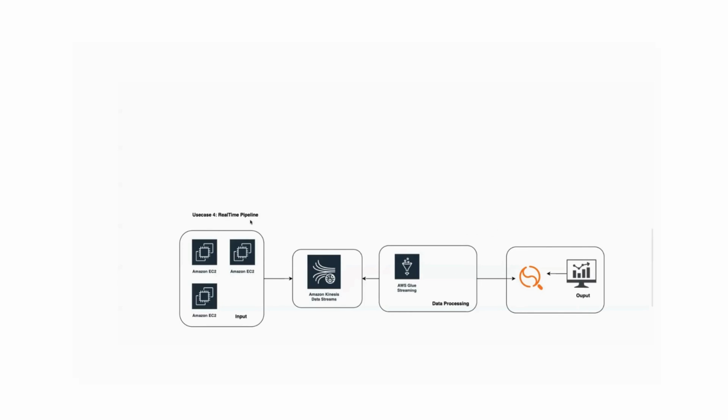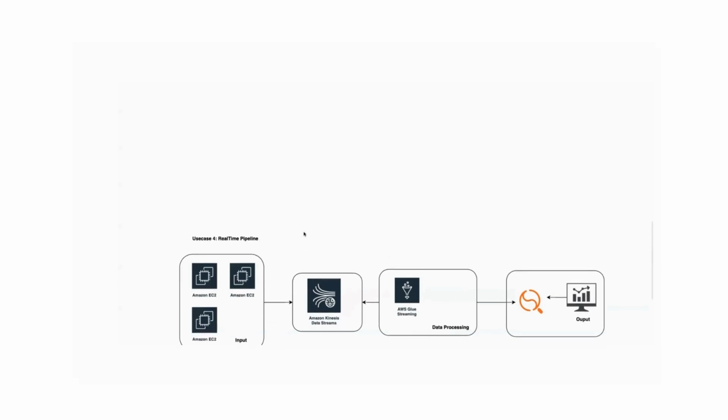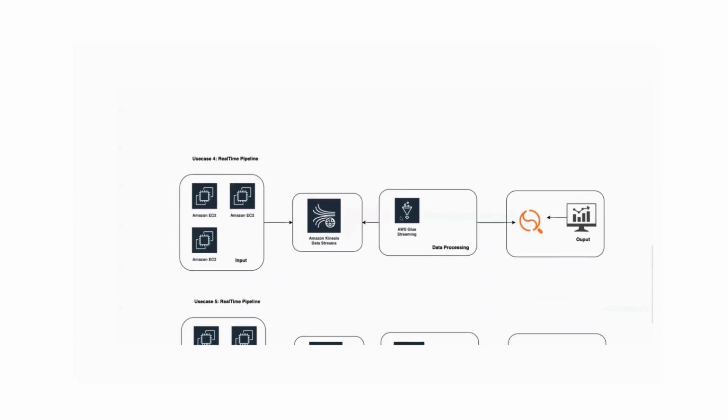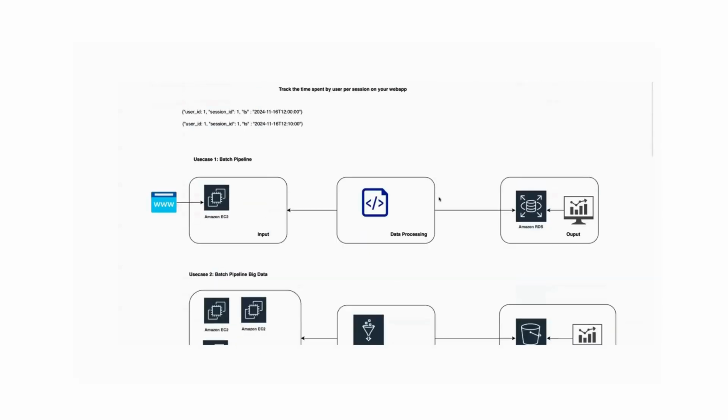So this is the real-time pipeline, and sometimes you don't even have to use big data streaming frameworks. Let's say you are trying to solve a use case where you don't have to correlate two different events. In the current use case, we are trying to track the time spent by a user.